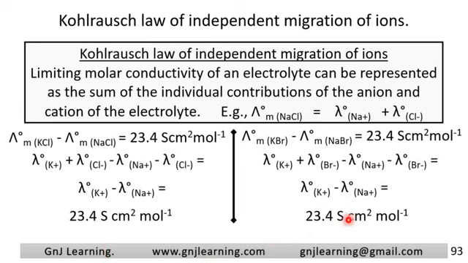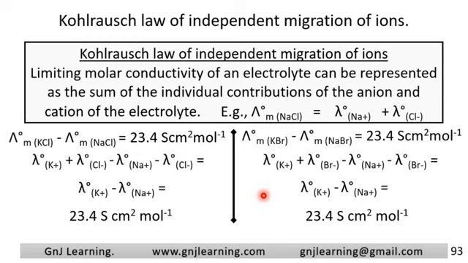So he assumed these values are due to the individual ions. Why is it like this? Because they got the same value, as the lambda m0 of KCl is contributed by individual ions. That's why he could work it out like this and get the same value in both cases. He repeated this for several other electrolytes and found similar results in all cases.